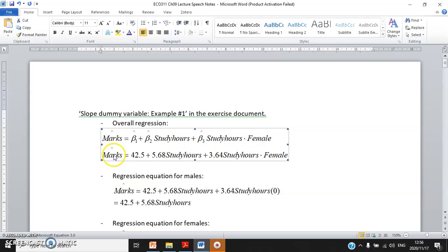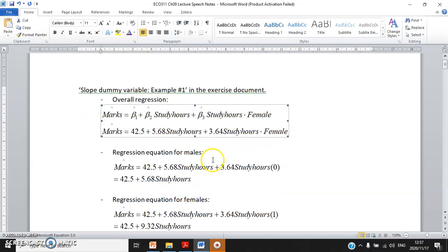So if we go back to this regression, there are two explanatory variables. This is the first one, study hours, and this is the second one, the whole thing, the slope dummy. So keep that in mind. Despite there are two variables featuring here, the product of a quantitative variable and a dummy variable is counted as one explanatory variable, namely slope dummy.